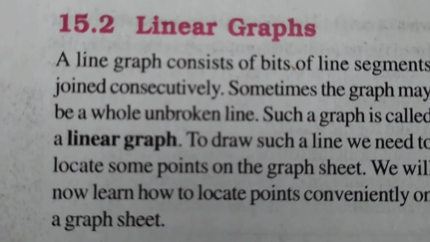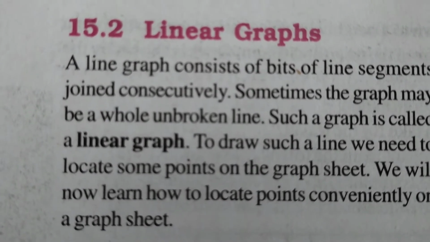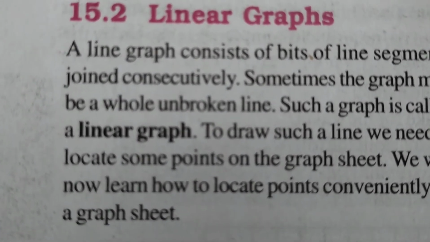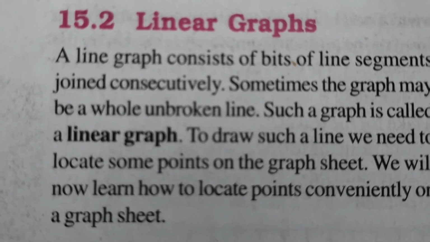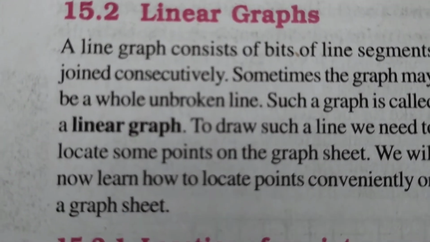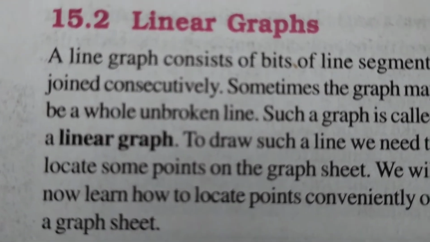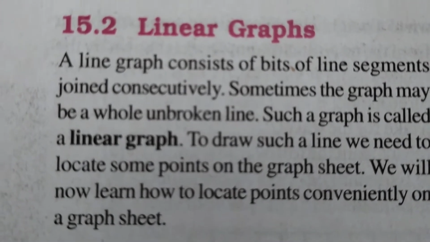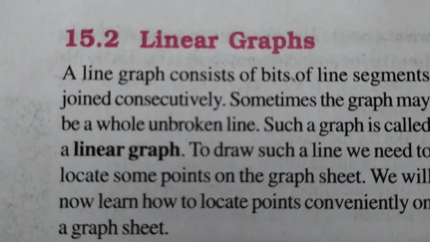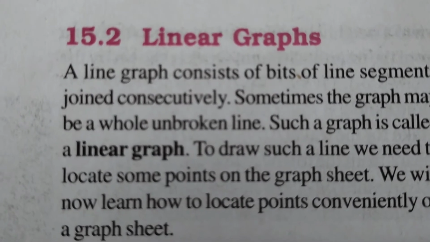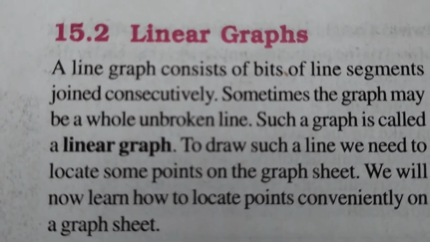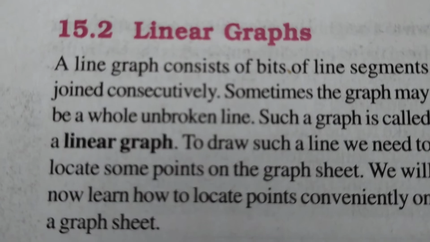Sometimes the graph may be a whole unbroken line. Such a graph is called a linear graph. If the graph is not broken, if it is a straight line, then we call it a linear graph. To draw such a linear line graph, we need to locate the points on the graph sheet.